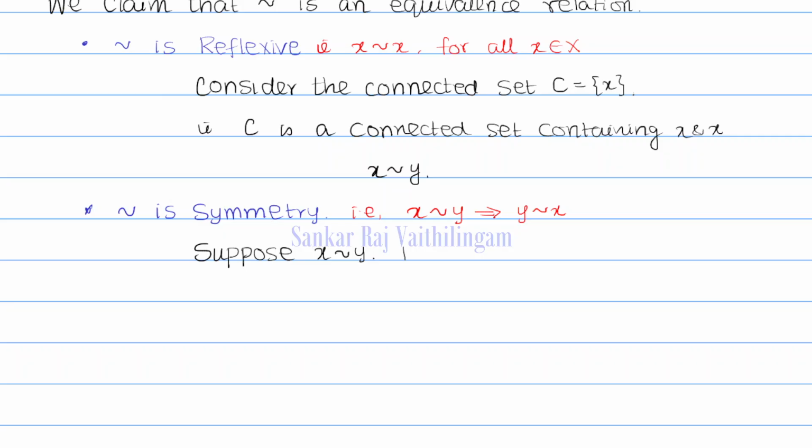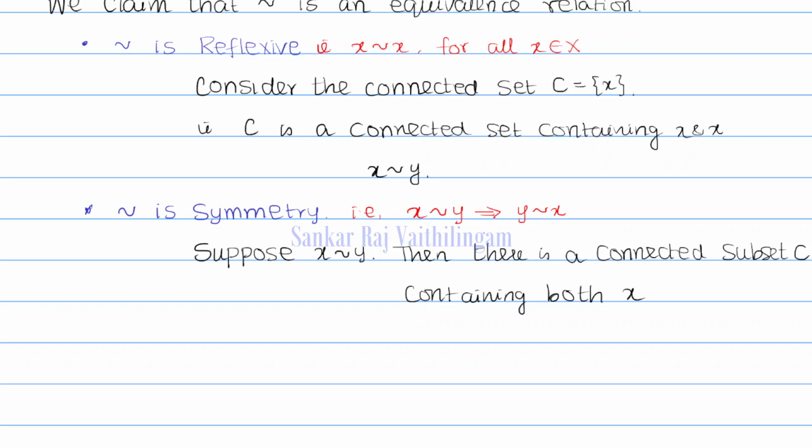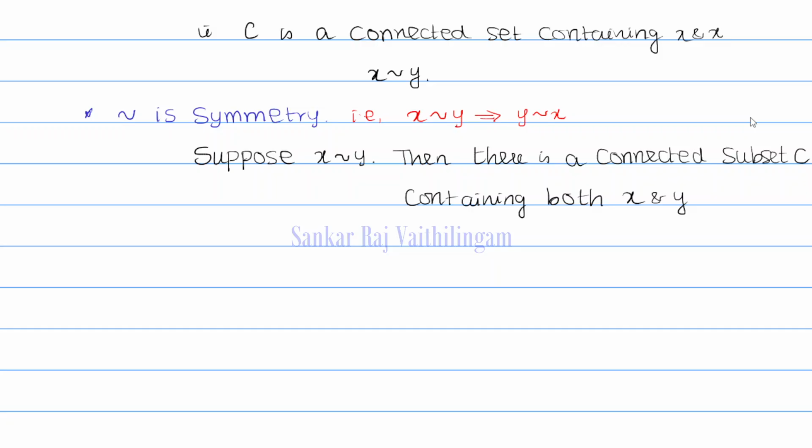Okay, then there is a connected subset, subspace or subset, doesn't matter, I call it to be C, containing both x and y. அதாவது என்னன்னா, there is a connected subset C containing both x and y. x-யும் y-யும் கண்டெயின் பண்ணி இருக்கிற மாதிரியான ஒரு கனெக்டட் செட் எனக்கு இருக்கு அப்படின்னு சொல்றேன்.